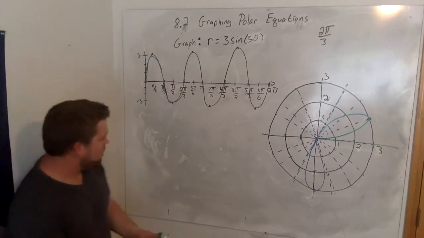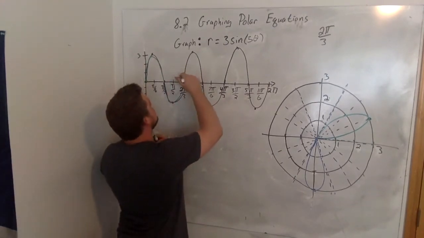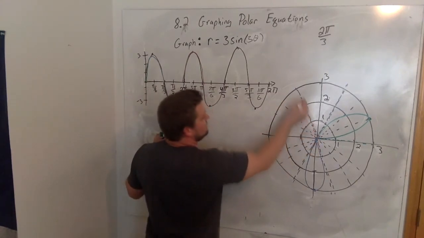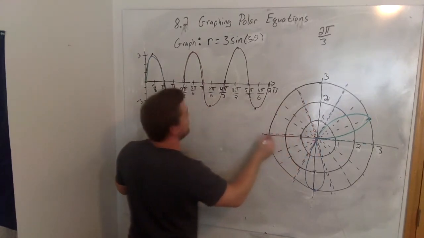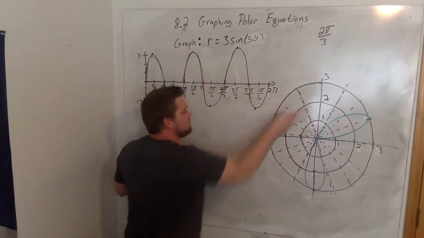Now between 2 pi over 3 and pi, we'll do that in red. Between here and here, we should be getting another leaf, and the radiuses are positive, so it's going to stay within this window.